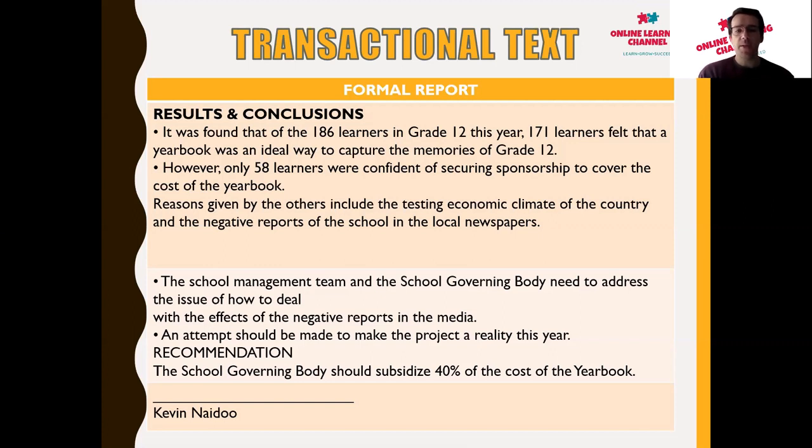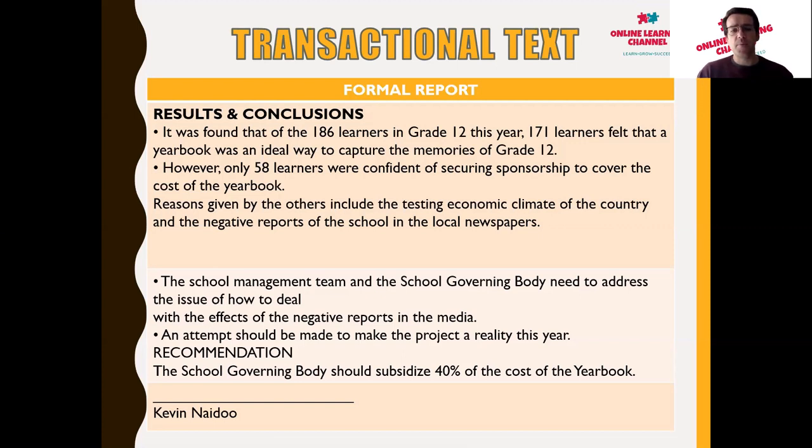So the school management team and the school governing body need to address the issue of how to deal with the effects of the negative reports in the media. I think this is a primary focus that has now been identified by this institution, so as to clear their name and bring about a positive image of their schooling environment.